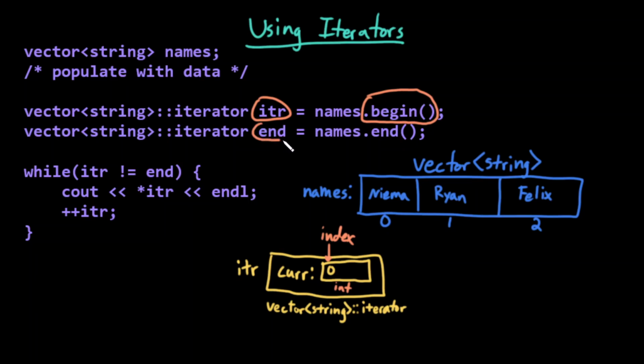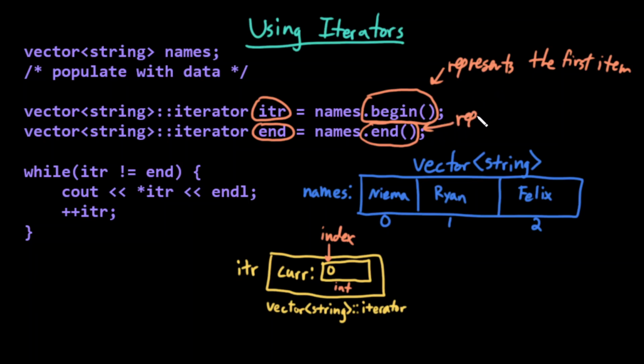We also get an end iterator. So this one, begin, basically represents the first item, whereas end, again another method in the vector class, represents the end, which is actually just after the last item.